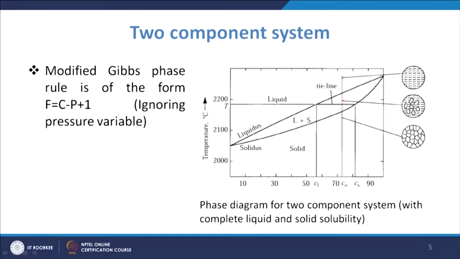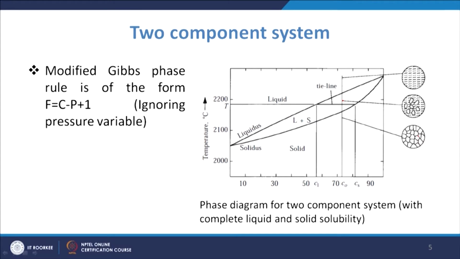So, when the temperature is coming below this point, the solid will crystallize out, and so what we see is that apart from liquid you have also crystallized solid phases. And once the temperature reaches below this solidus line, it completely becomes solid state.